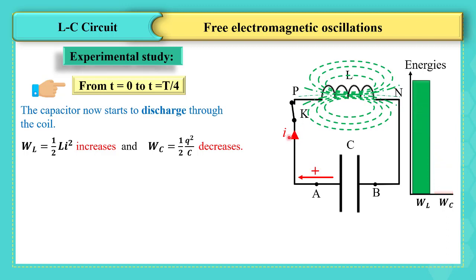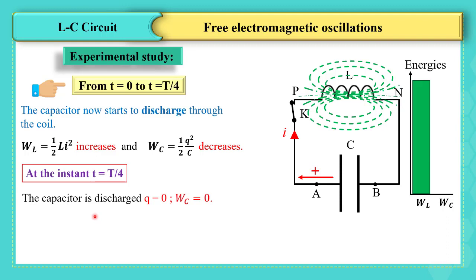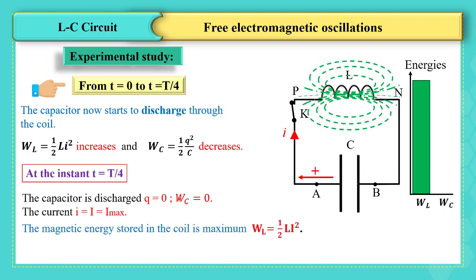Now the capacitor is discharging, and so it is losing energy, and at the same time the coil is gaining energy. At the end of the first quarter, the magnetic energy in the coil is maximum and the electric energy in the capacitor is 0. We can say that electric energy is transformed into magnetic energy, and the current will be maximum.